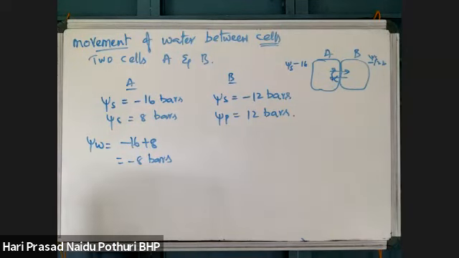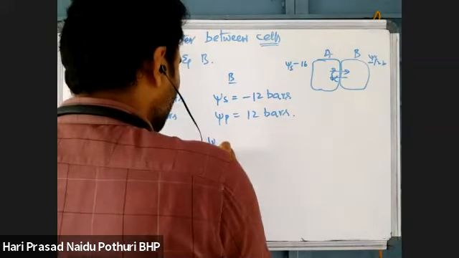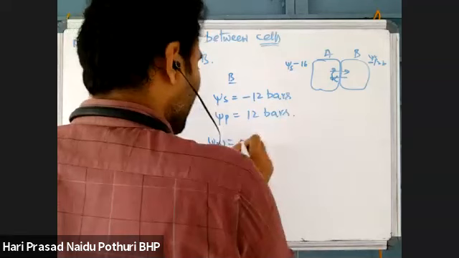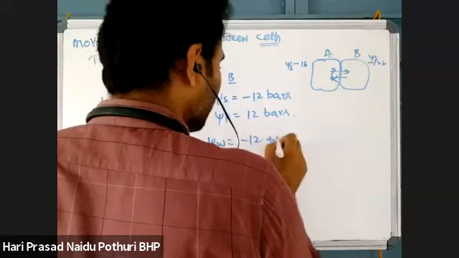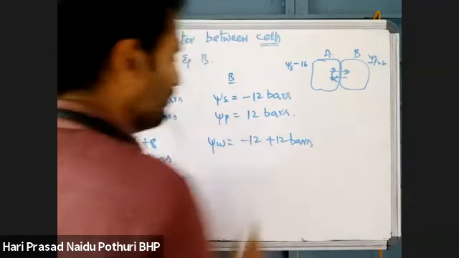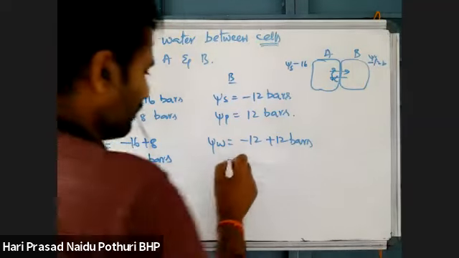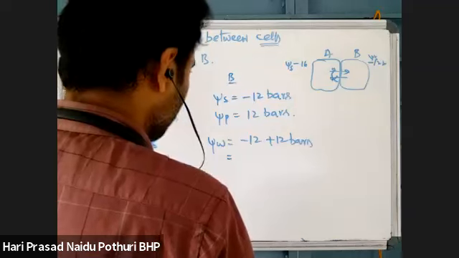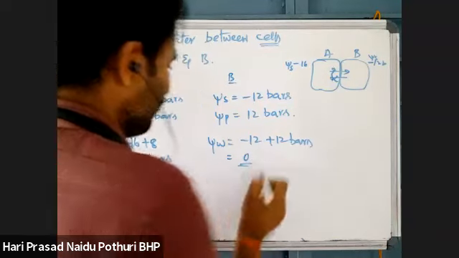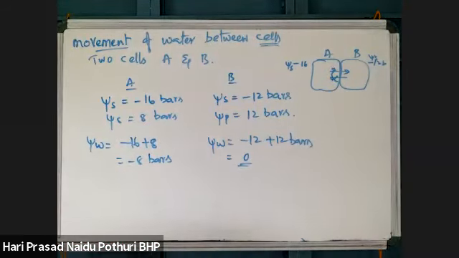Whereas cell B, water potential is minus 12 plus 12, which means 0.